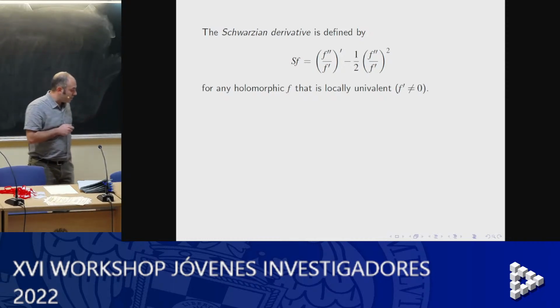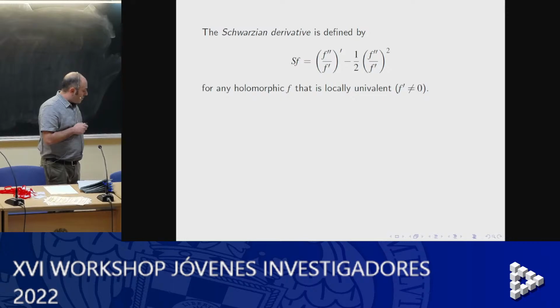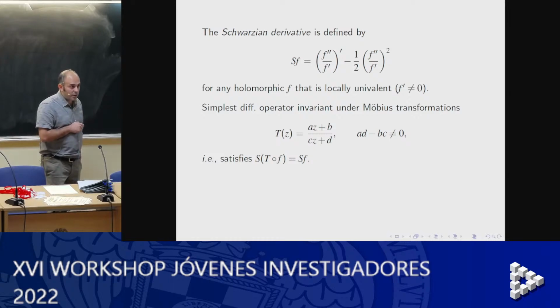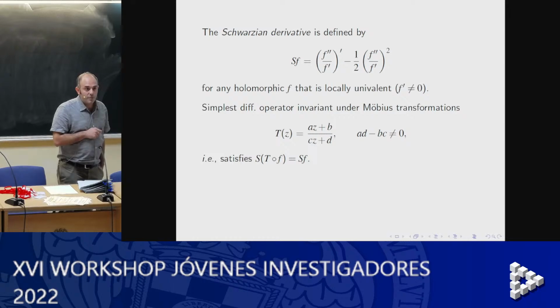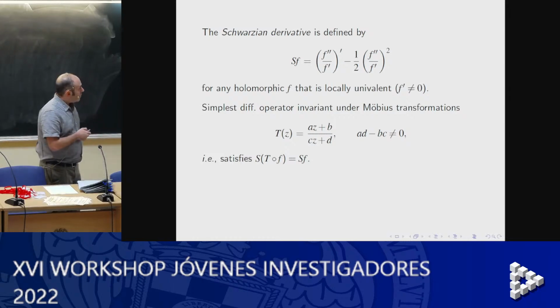All of these have some relation with the Schwarzian derivative, and let's start with its most important property. If there's one property you need to know, it's its Möbius invariance. It is the simplest differential operator that is invariant under Möbius transformations. And why simplest? Well, you can see that there are 3 free parameters in the Möbius transformation.